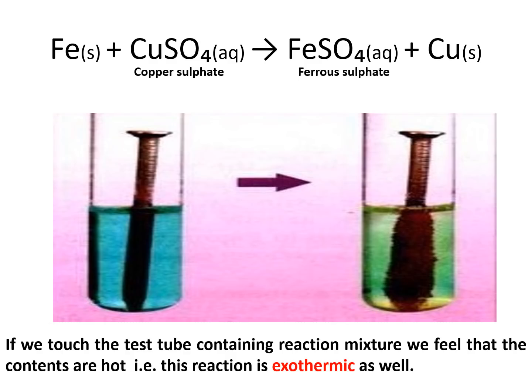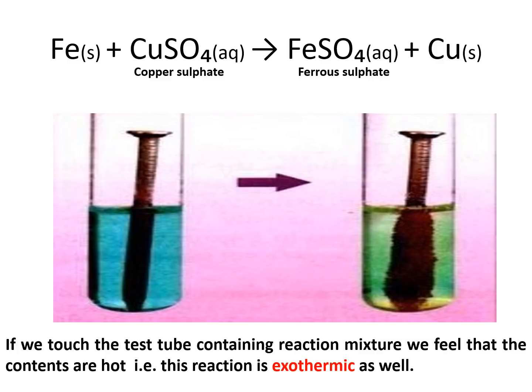Here, students, you can see the test tubes in which iron nails are placed. In the first case, the color of the solution is blue, and in the second case, the color of the solution changes to pale green. In the first case, the color of the iron nail is black, whereas in test tube B, a brown coating of copper takes place on the iron nail.